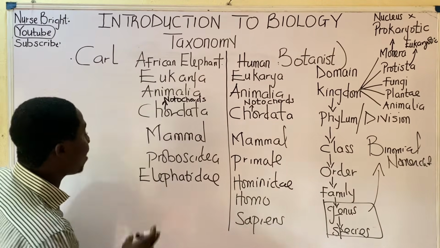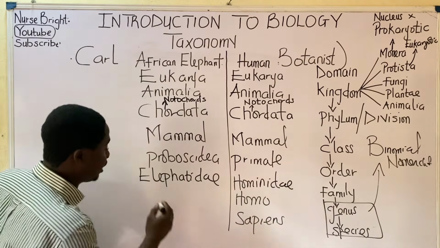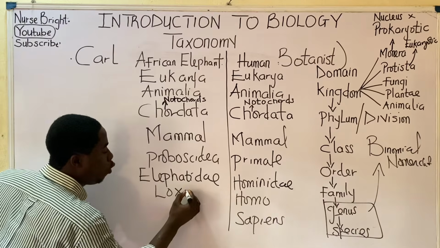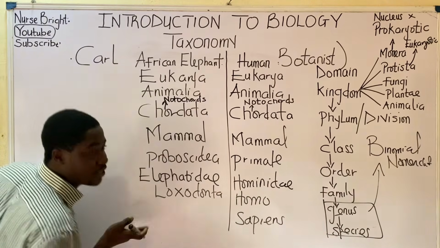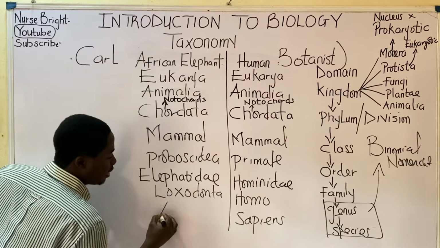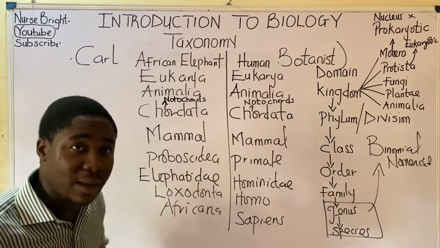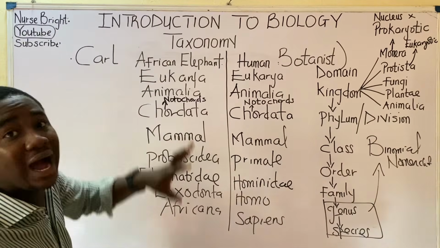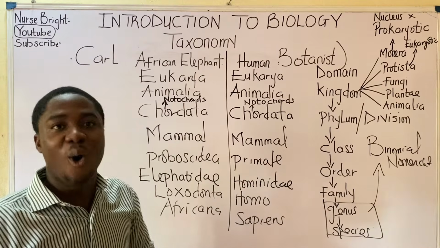Do you understand? For elephants, because we have different species of elephants, the genus name is Loxodonta, whereby the specific name, since it is found in Africa, we call it africana. So this is the concept of what this man, Carl Linnaeus, was trying to talk about, which explains the hierarchy of classification of living organisms.